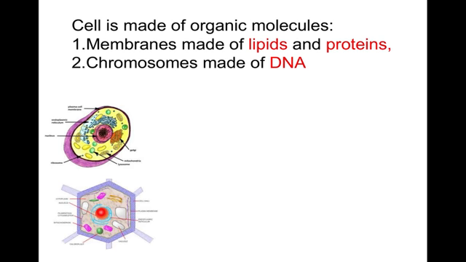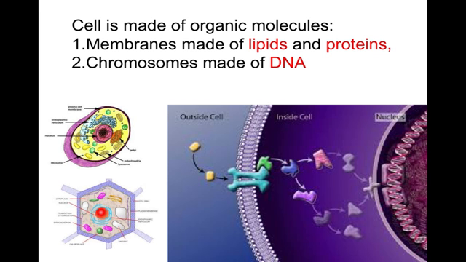This is an animal cell, this is a plant cell. Where exactly do the molecules go? Whatever you see here, the colored parts in the drawing, are all organic molecules. If you take the cell and magnify it under the electron microscope, you can see all these are organic molecules, except this dark purple part.